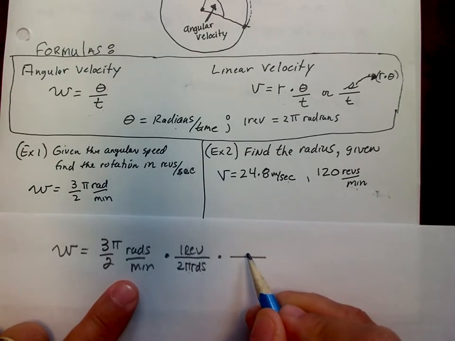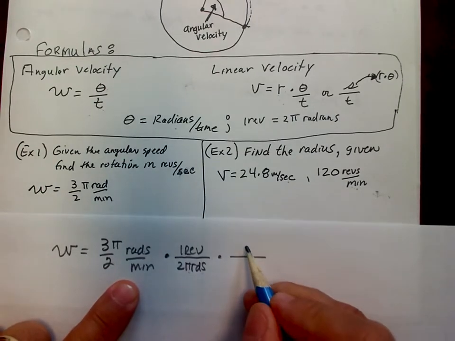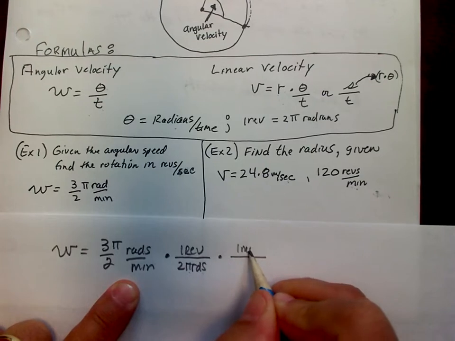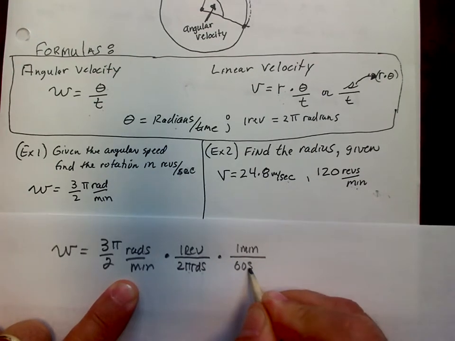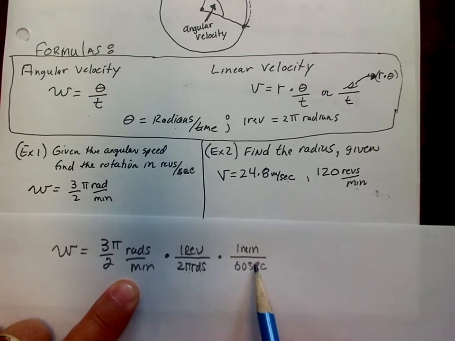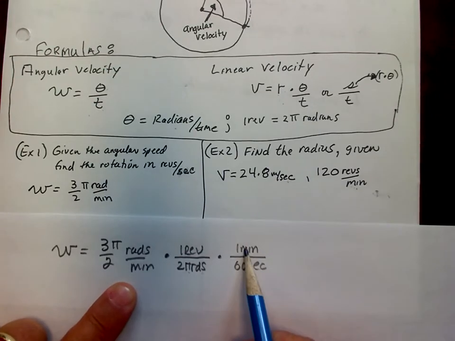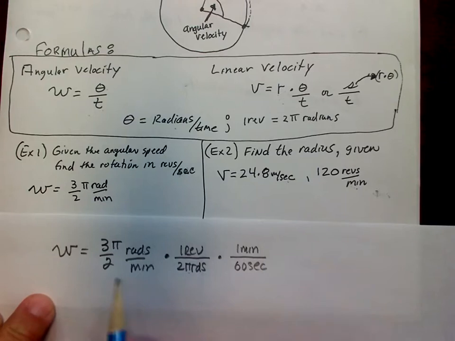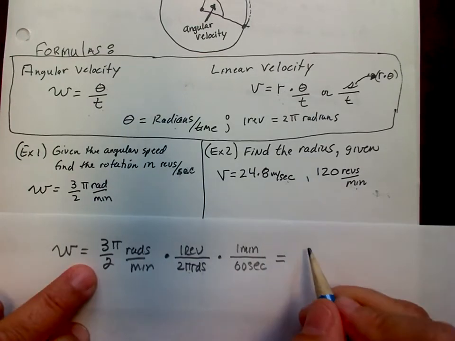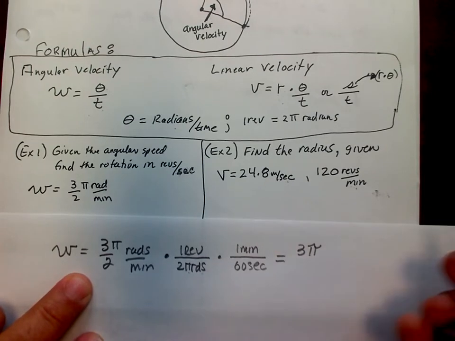In the second ratio, we will use for every 1 minute, there are 60 seconds. This will convert to revolutions per second, allowing our radians and minutes to reduce. So through a series of multiplications of numerator and denominator, we get 3 pi.